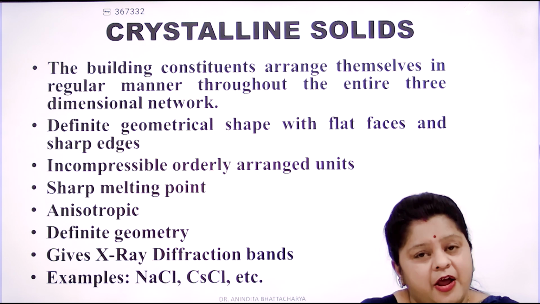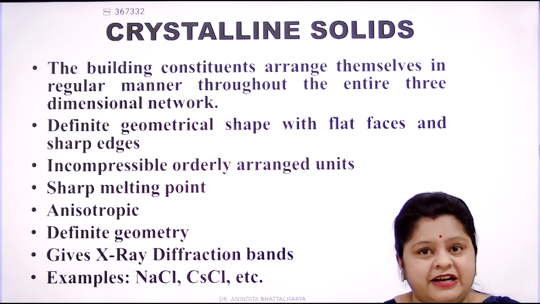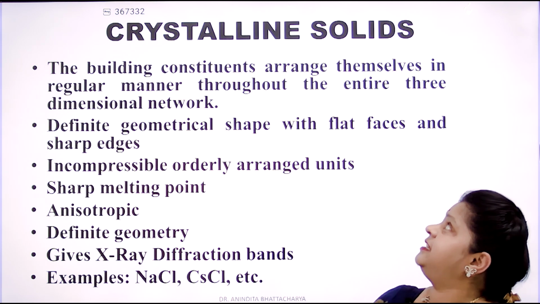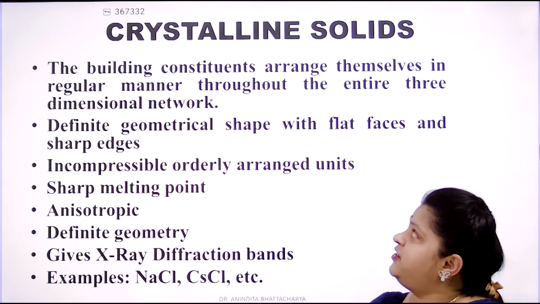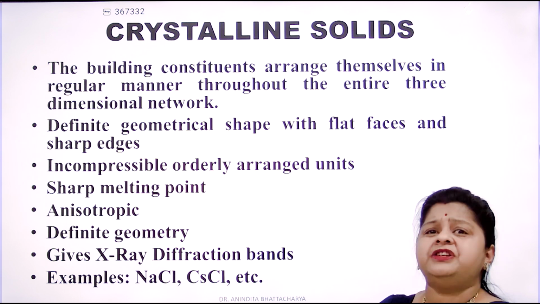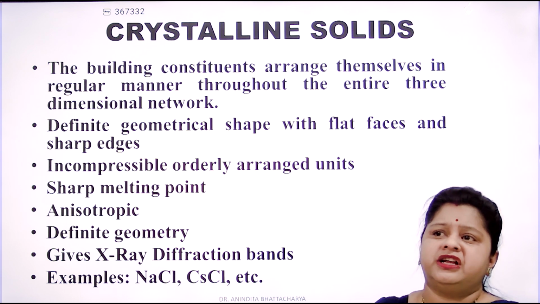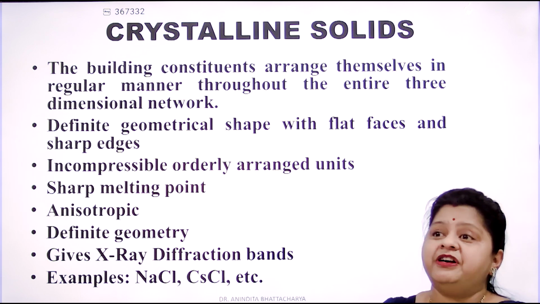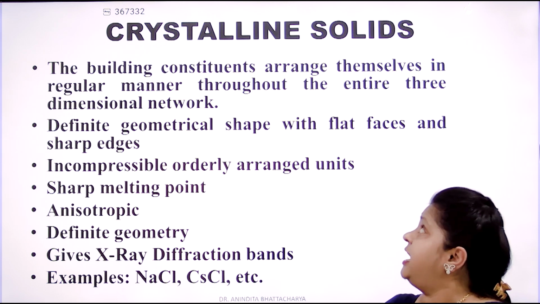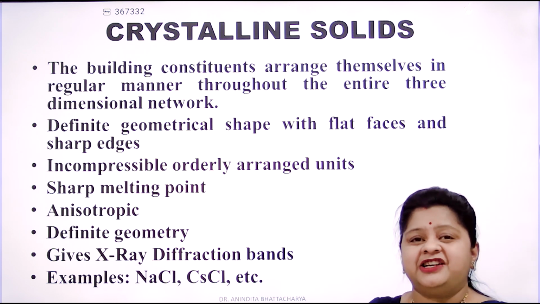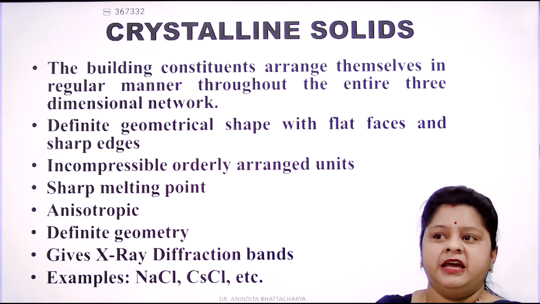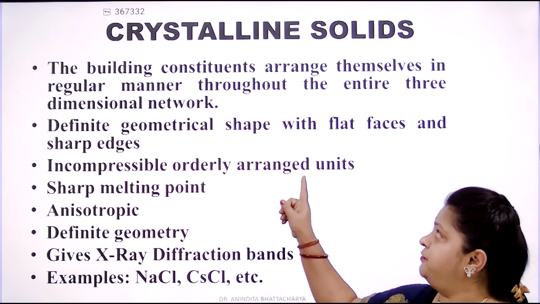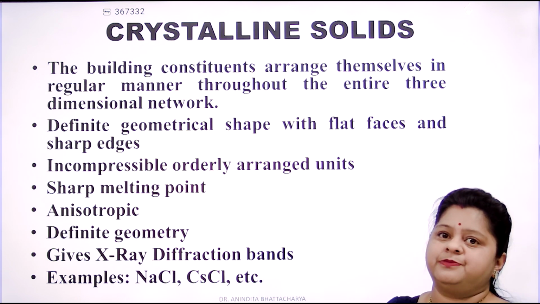Now if I concentrate on crystalline solids, I can say that the building constituents arrange themselves in a regular manner throughout the entire three-dimensional network. They have a definite geometric shape with flat faces and sharp edges. They are highly incompressible because of their orderly arranged units.